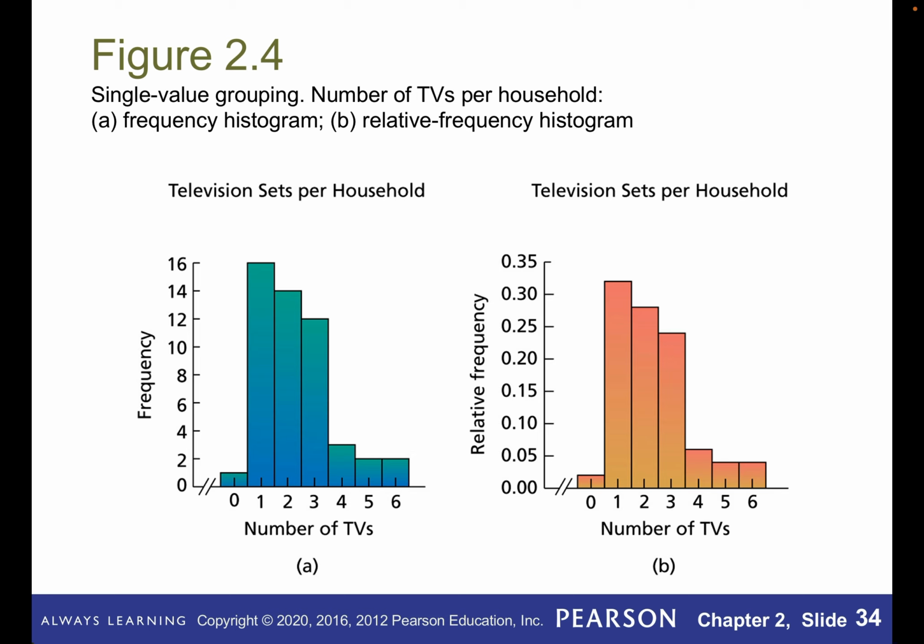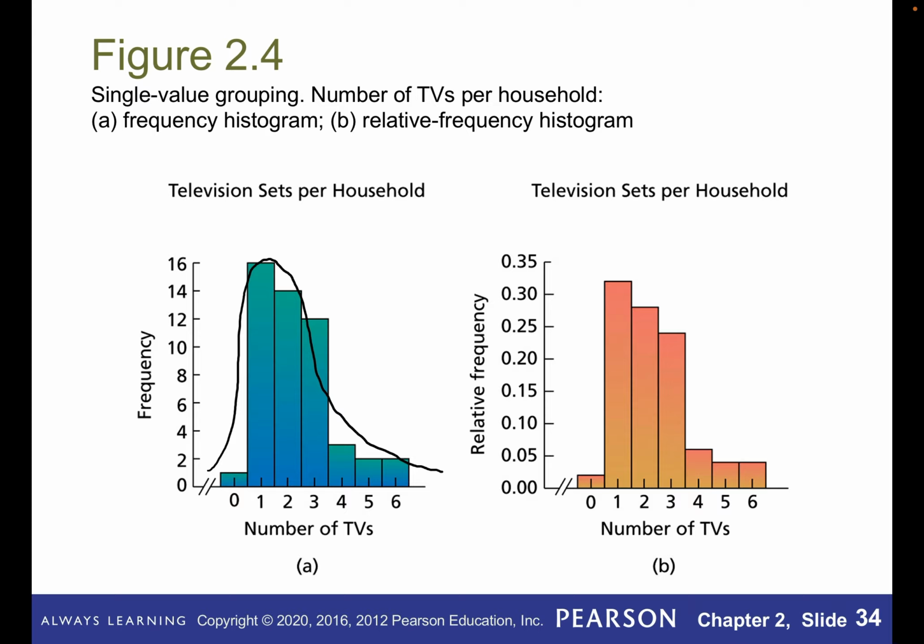In part A, we see that the number of TVs histogram is given. A histogram does a much better job, in my opinion, of displaying the distribution of the data than the table does, because we can clearly see where the highest bar is, and then we can tell the distribution of the data.